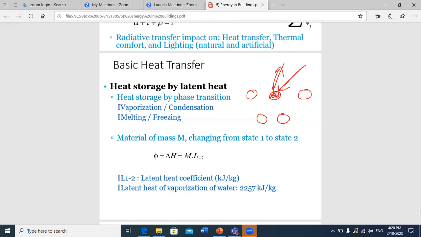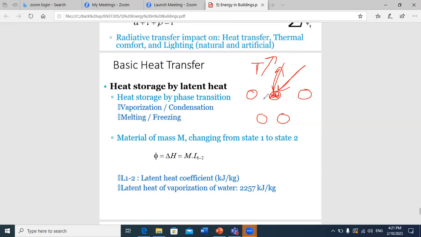So it can help you to dampen the variation of temperature in your environment, because when the temperature is high, it will take heat from you and change phase from solid to liquid.